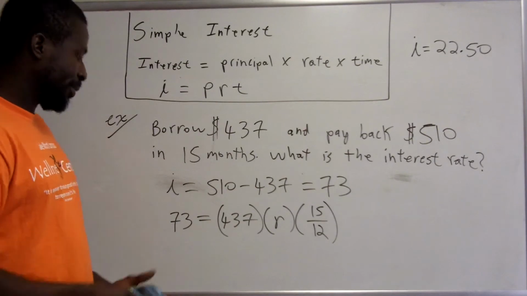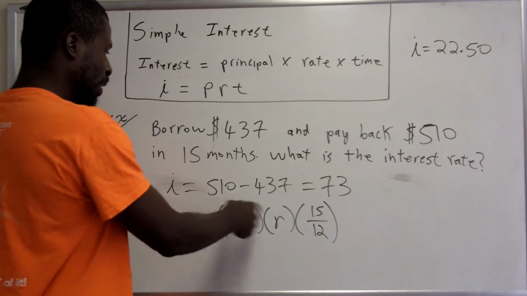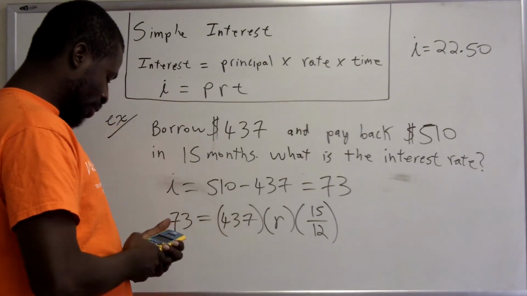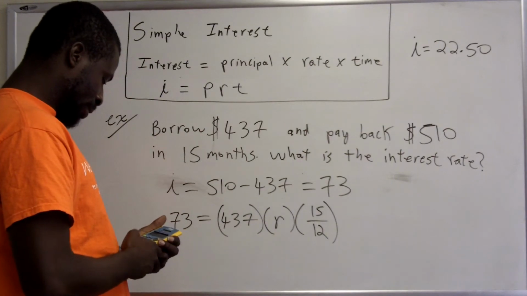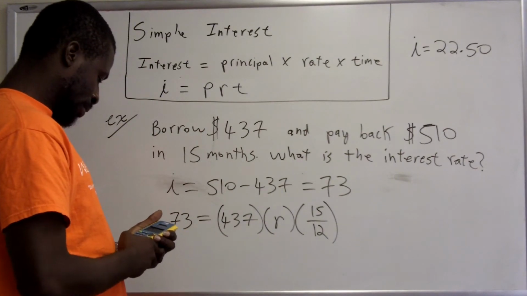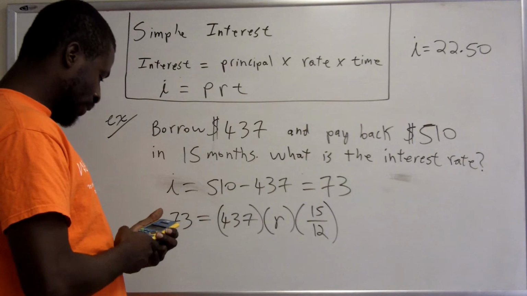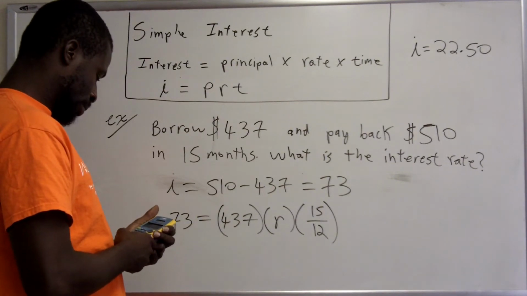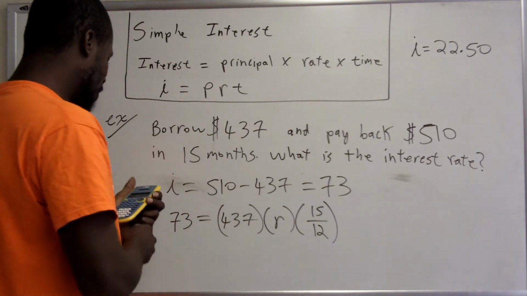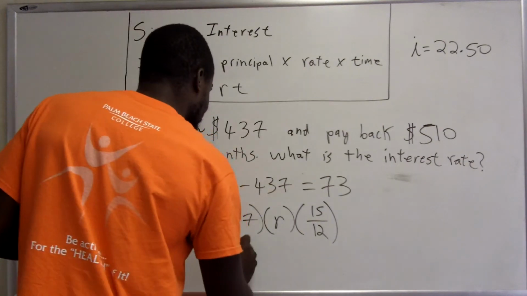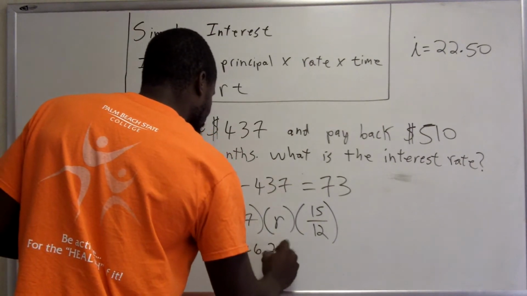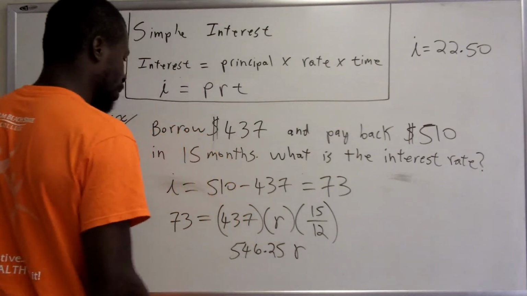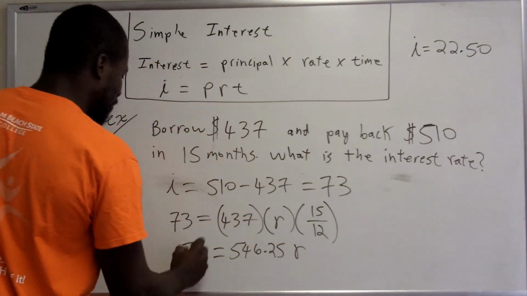Let's see what we get here. First I'm going to calculate the right hand side. That's 437 times 15 over 12. And I get 546.25 multiplied by R, and that's equal to the $73.